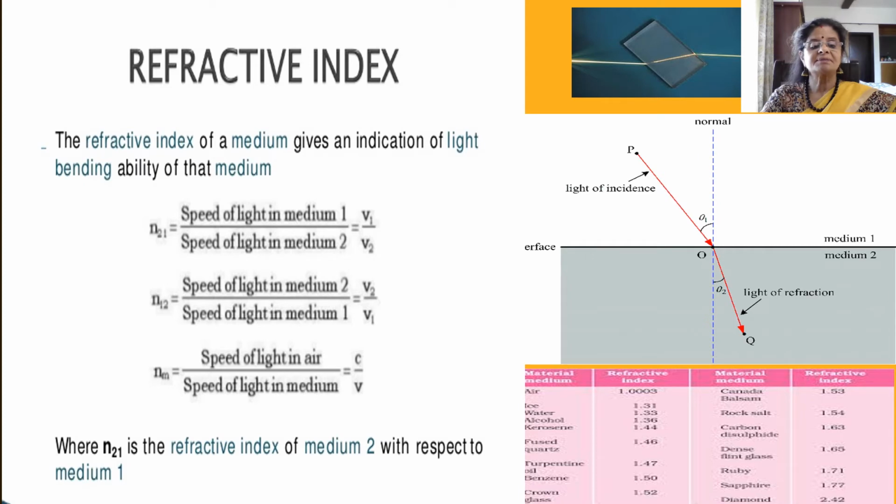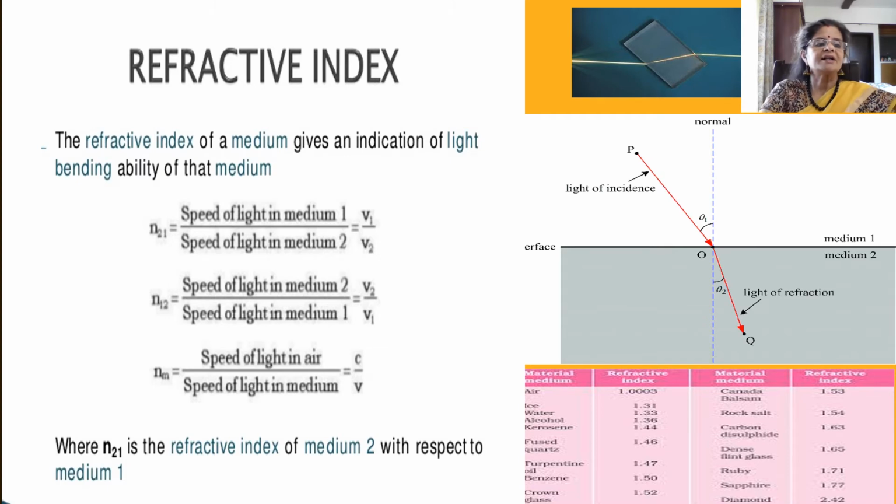That is, the symbol n21, which represents the refractive index of medium 2, is equal to v1 by v2, where v1 is the speed of light in medium 1 and v2 is the speed of light in medium 2. By the same argument, the refractive index of medium 1 with respect to medium 2, that is n12, is equal to v2 by v1.